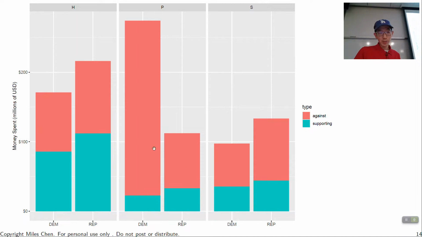If I said approximately how much more money was anti-Obama than anti-Romney, you can ballpark this and eyeball it and say, oh, looks like somewhere between 2.5 to 3 times more, this red bar. Whereas when you're looking at the numbers in a table, that kind of difference requires additional mental processing versus visually we can spot it, okay?